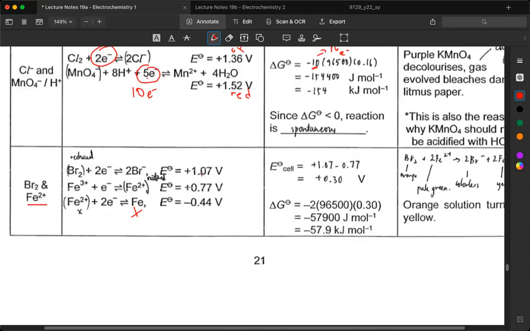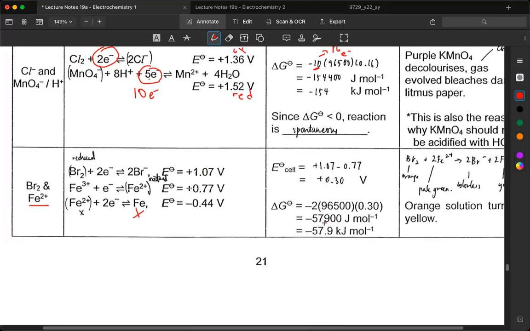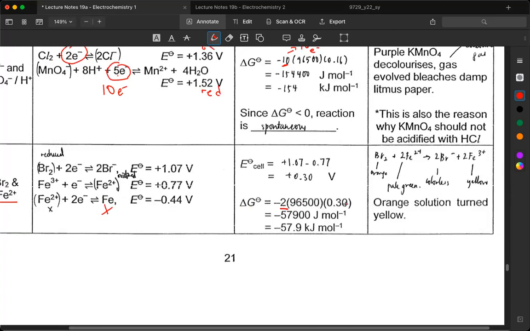So you only use these two half cells. So it's plus 1.07 minus 0.77, which is 0.30. Between them, these two moles of electron transfer times 96500 times 0.3, you get this. So the overall equation is just Br2 reduced to Br minus.